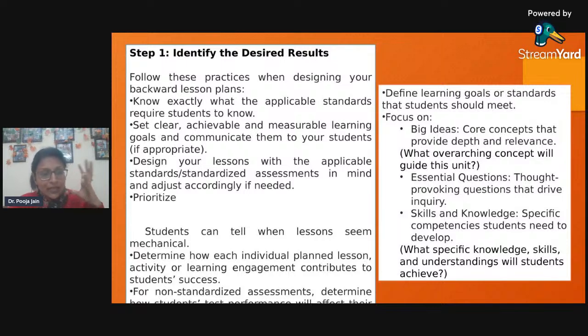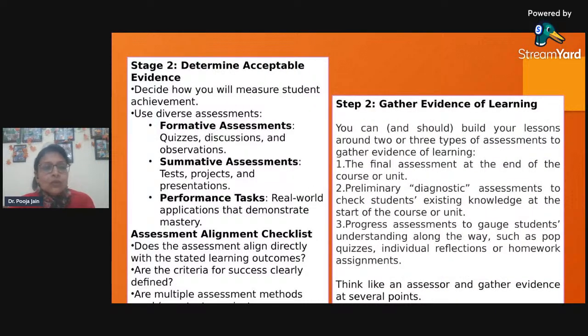So talking about mechanical lessons and technical lessons and individual planned lessons and activities and student engagement and assessments that are different for a lot of children, that is how you can determine how the child is progressing, right? Moving on to the second stage or the second step. When we are talking about gathering evidence of learning, in simple terms, gathering evidence of learning is assessments.